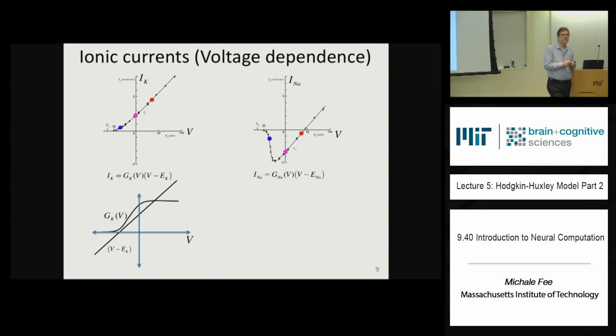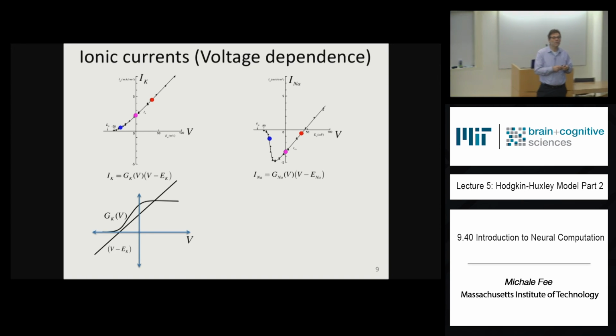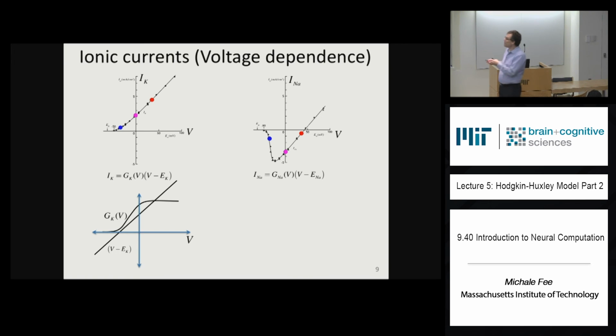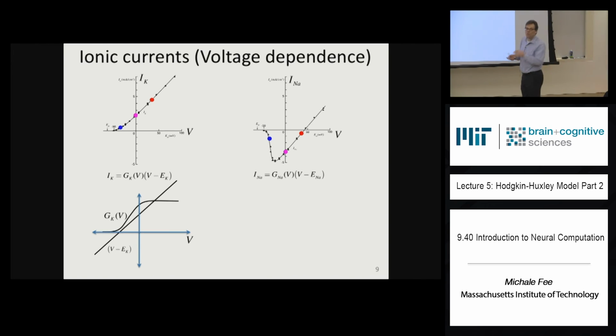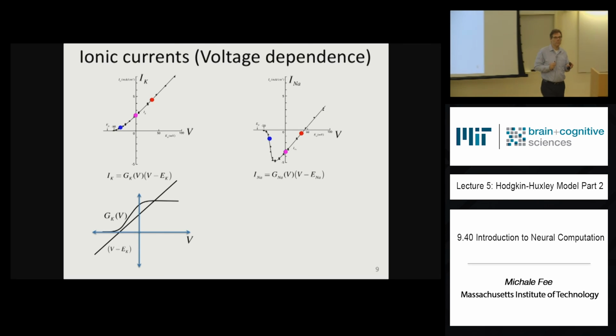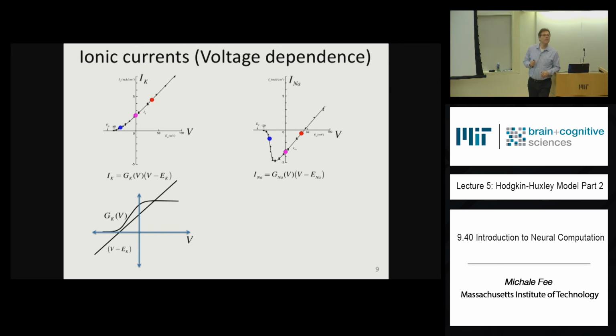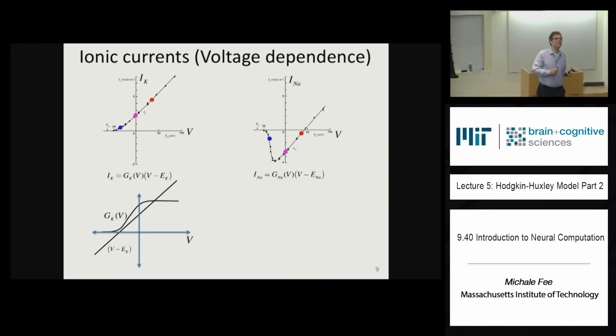Yes? Yep. Okay, so if G were constant, if G had no voltage dependence, and it was just a constant, what would this current look like?